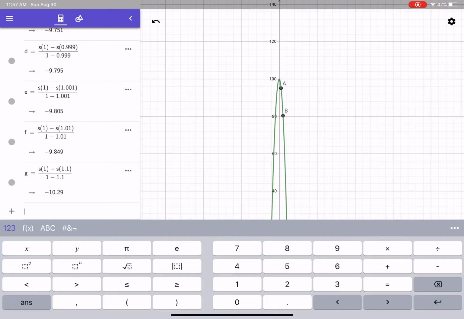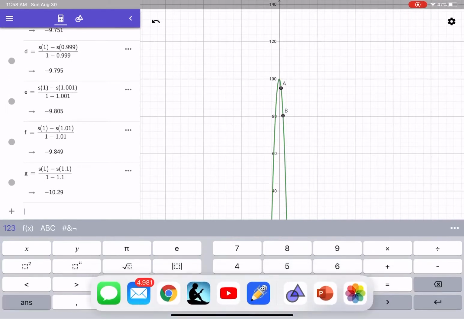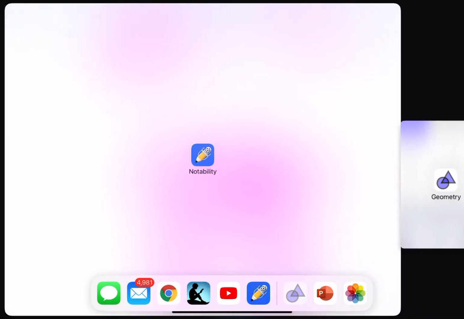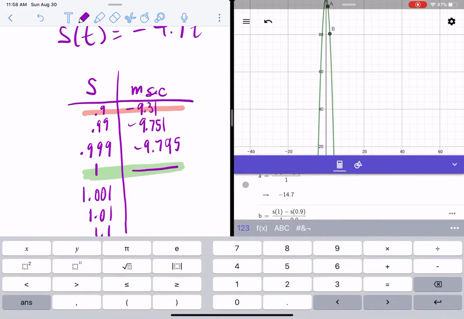Okay, so I'm going to do the same thing that I did before. So our first one was negative 9.805.